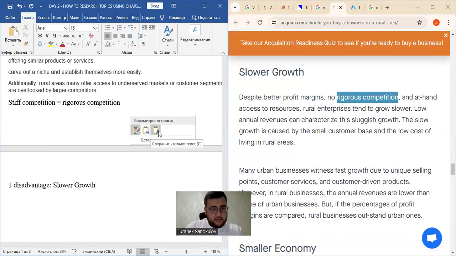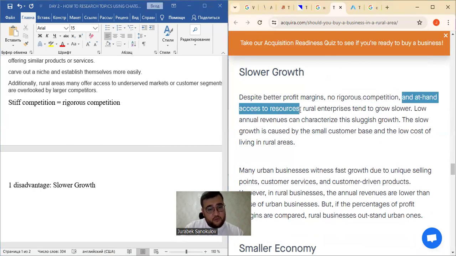Rigorous competition. So I'm going to take this. And at hand access to resources. I mean, that's a nice word too, but I guess we're not going to need that because we didn't talk about resources in our advantages part. But if you choose to talk about resources, because when you establish a business in a rural area, you may have easy access to resources such as timber and stuff.